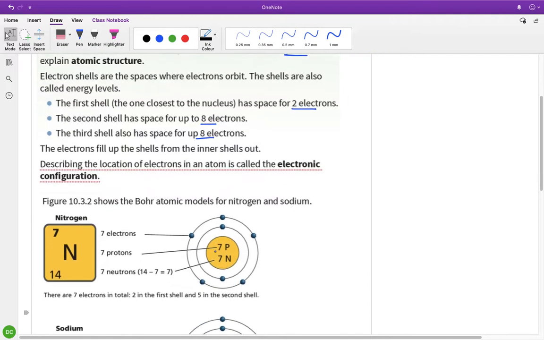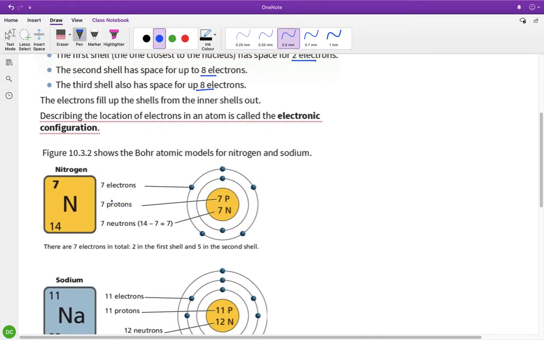So this is an example. Nitrogen, we just did nitrogen for homework. The atomic number is 7, so that means there's 7 protons, there's 7 electrons, and to get the neutrons you do 14 minus 7 and you get 7. In the nucleus, as we said last week, the protons and the neutrons live. So there are 7 protons and 7 neutrons in the nucleus.